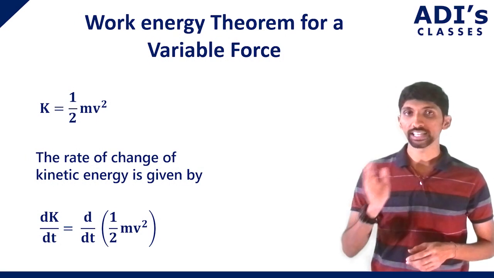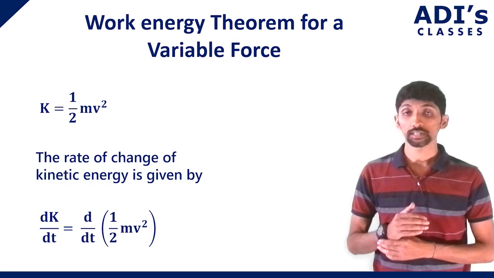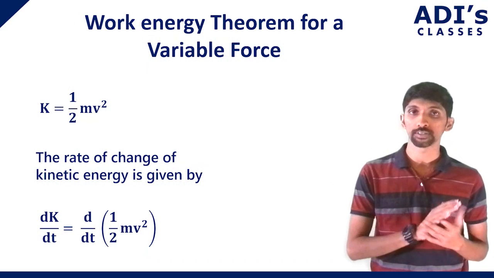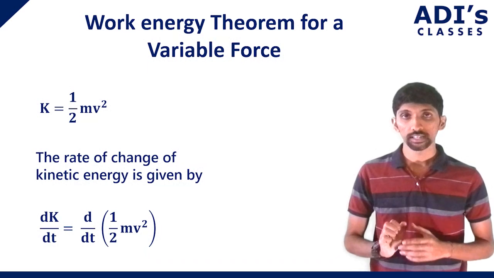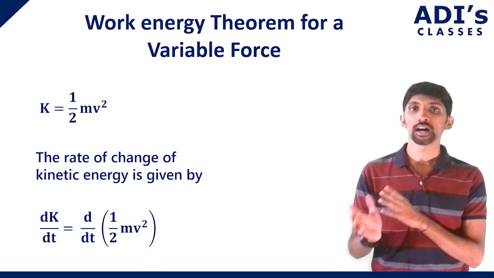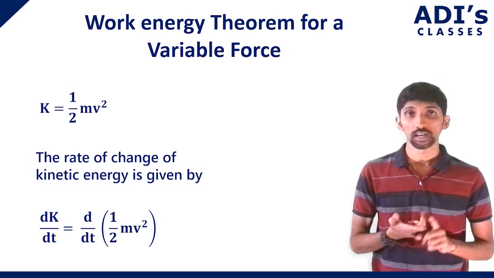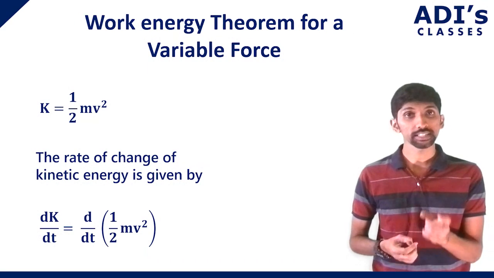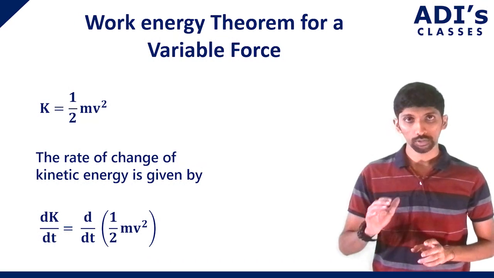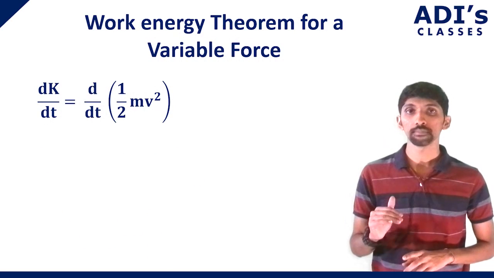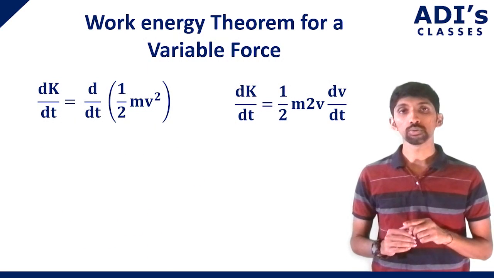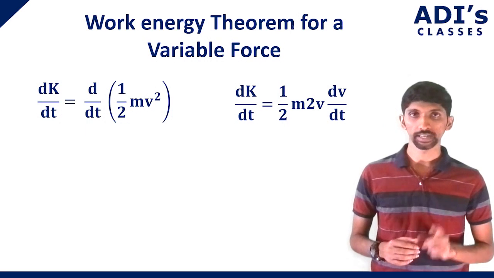So dK by dt means we have to differentiate half mv square. So we get d by dt of half mv square. Now m is constant, half is constant, only the velocity changes, right? So what we get is half m into 2 times v into dv by dt.